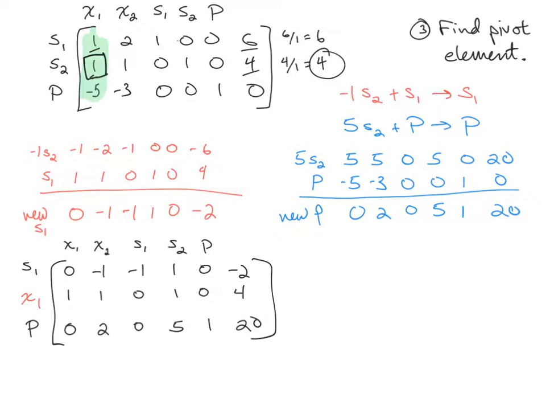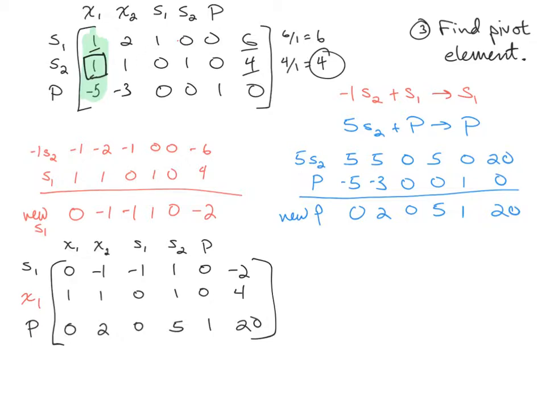So again, if this problem were to continue, we would have to look for the next negative number in this bottom row. There is no next negative number in this bottom row. So in this example, we're done. So how do you get your answer together?